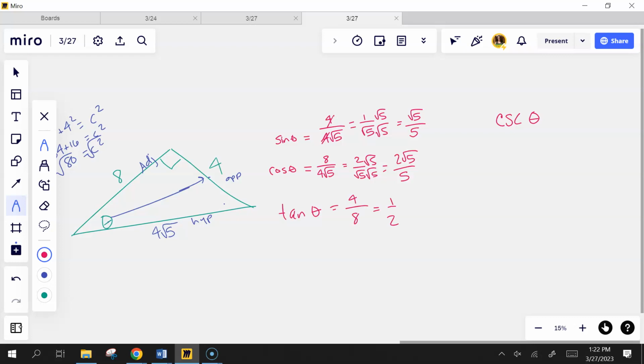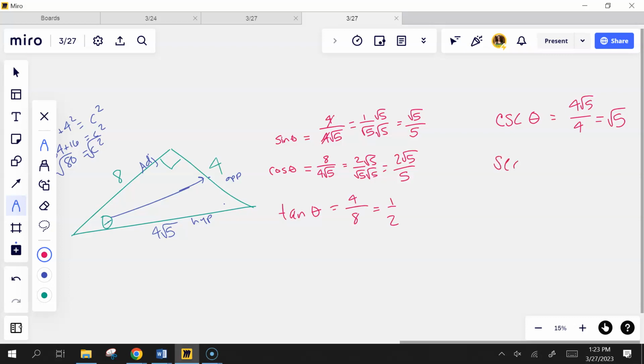I would flip the original if it was me. I would say 4 root 5 over 4, which is square root of 5. Or go back to the triangle and do hypotenuse over opposite.